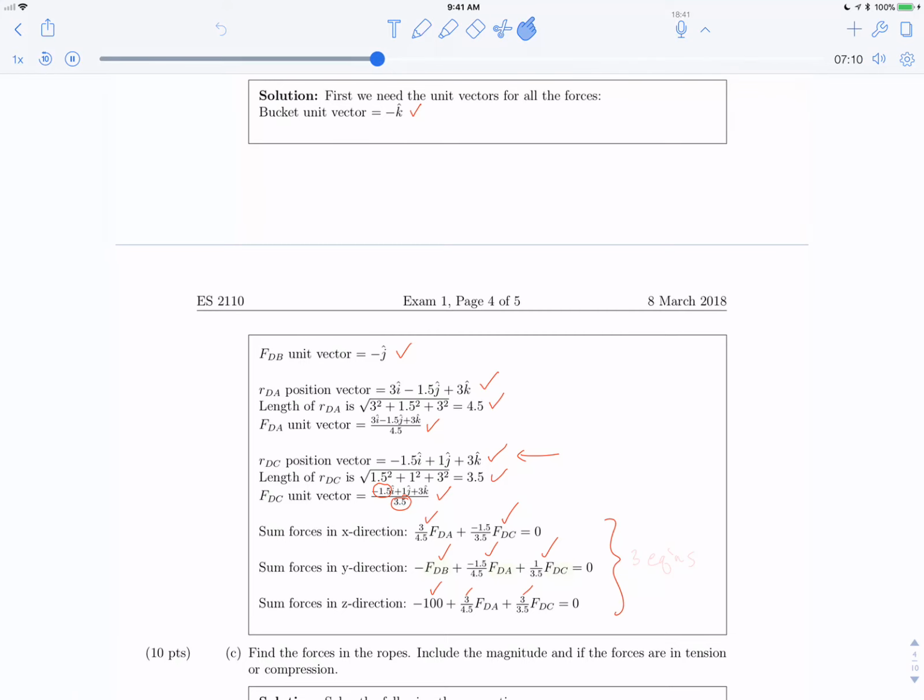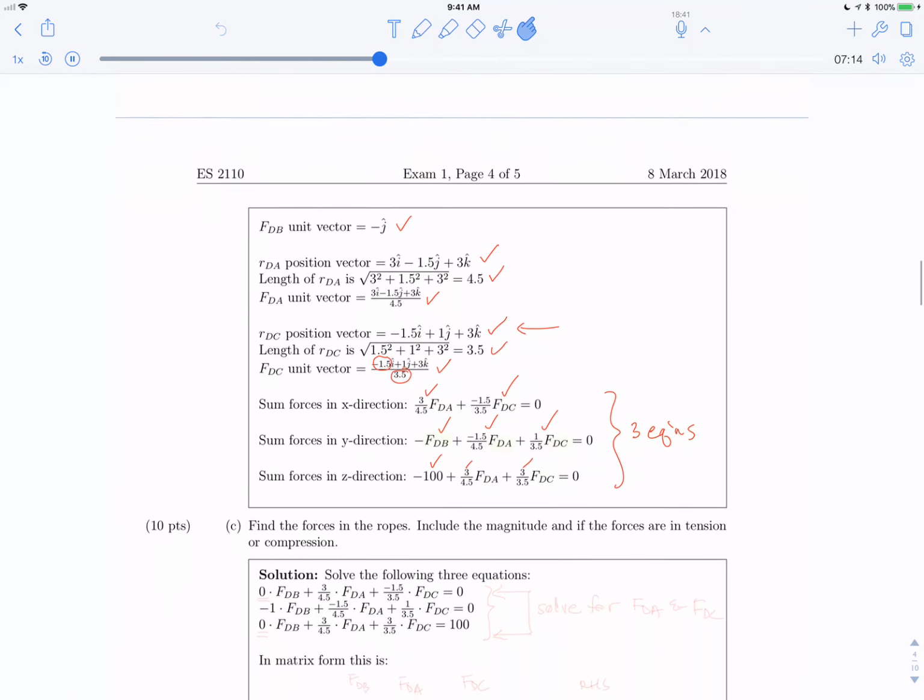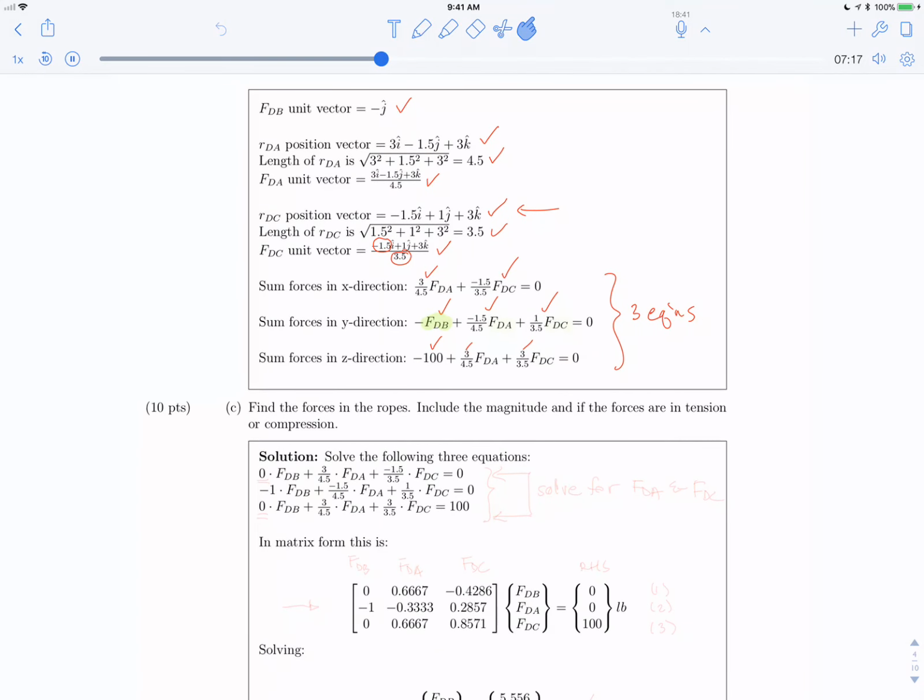Here are your 3 equations, and here are your 3 unknowns, FDB, FDA, and FDC. I've written out the 3 equations here a little more cleanly, and I included the equations that didn't have FDB. I just went ahead and put 0 in there because that lets me type it more easily into my calculator.